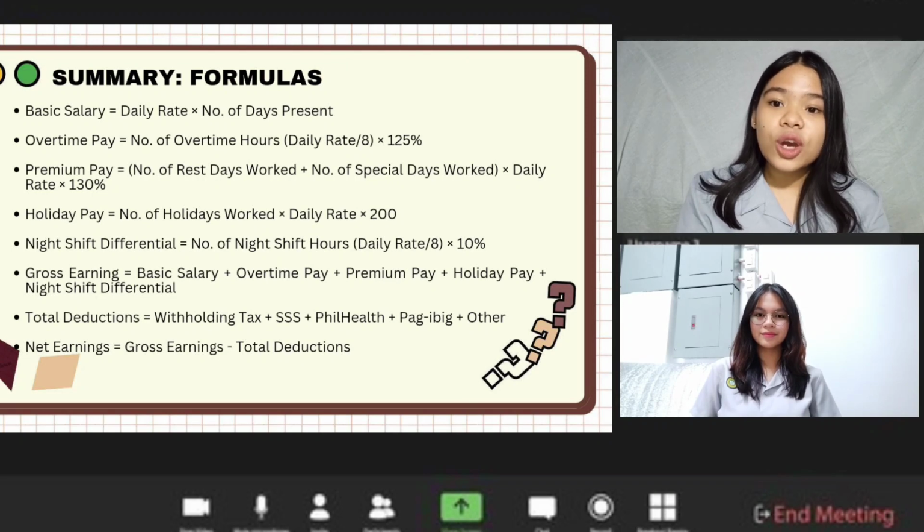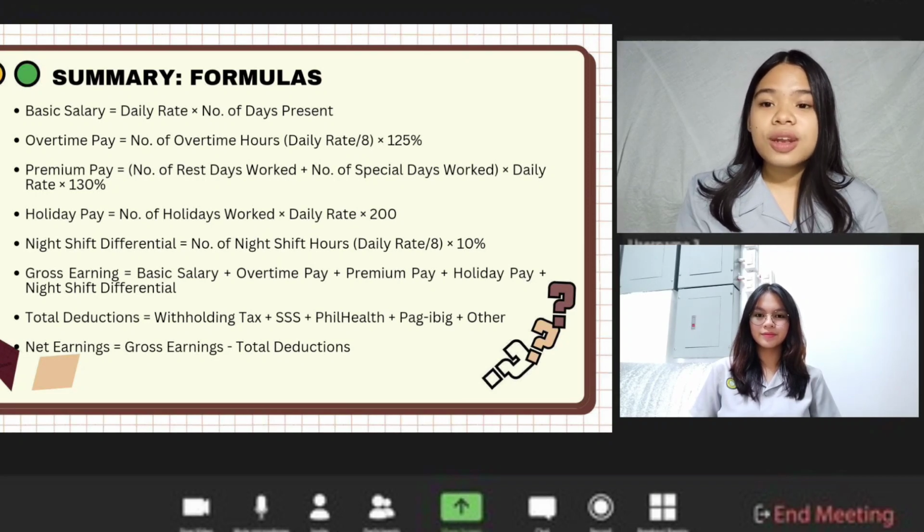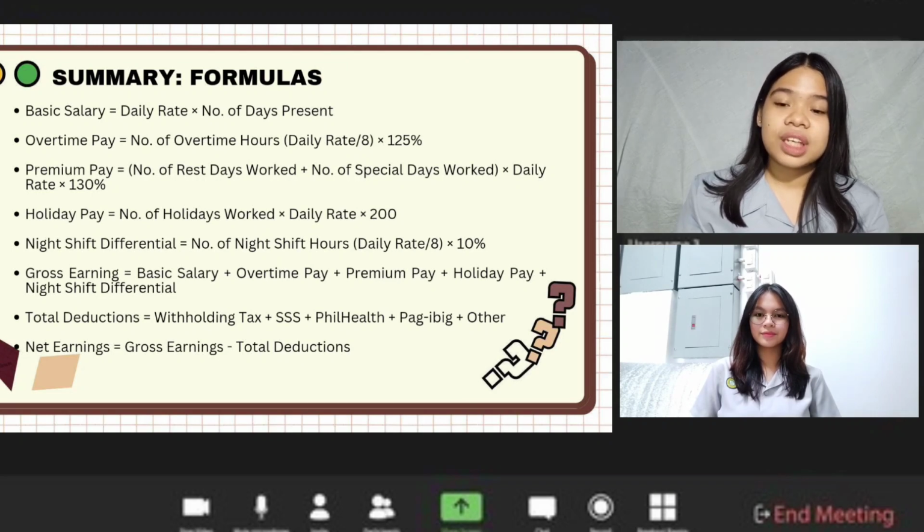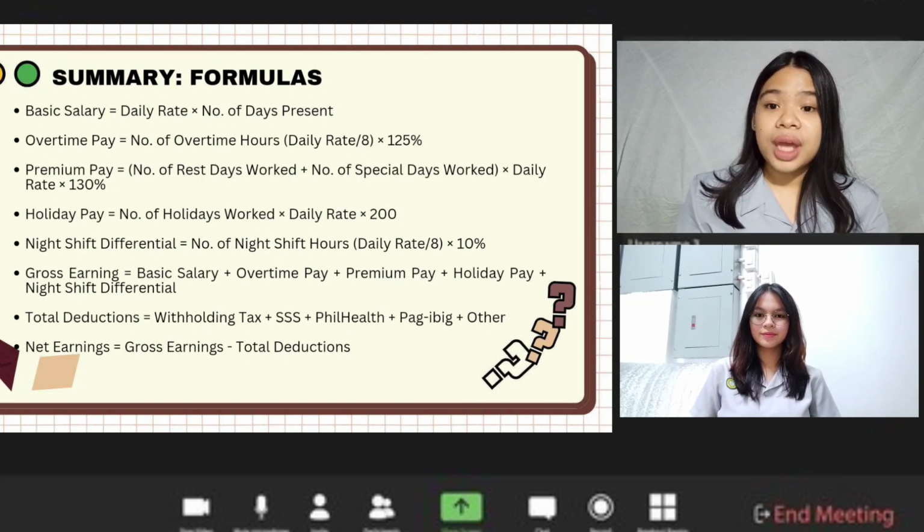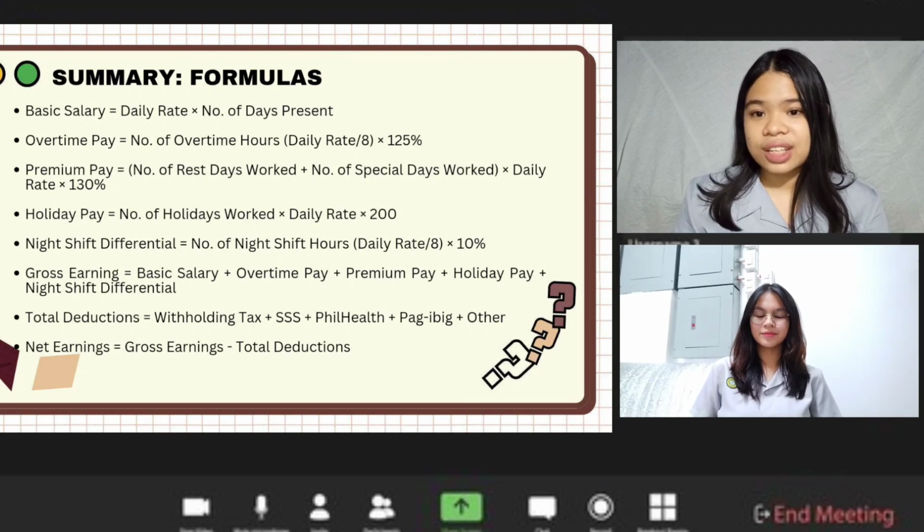To compute for the overtime pay, you need to first divide the daily rate by 8 and then multiply it by the number of overtime hours, then multiply the answer you got by 125%. To compute for the premium pay, you need to add the number of rest days worked and number of special days worked, then multiply by the daily rate and multiply it again by 130%.